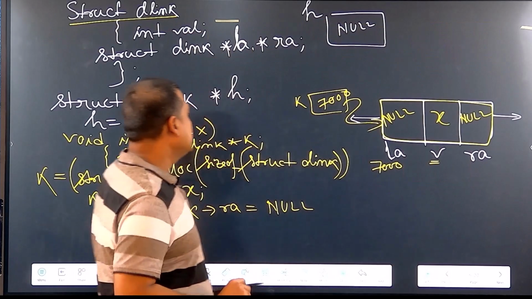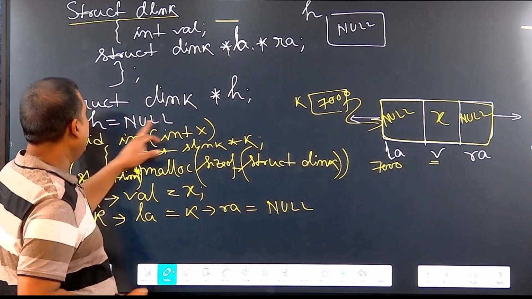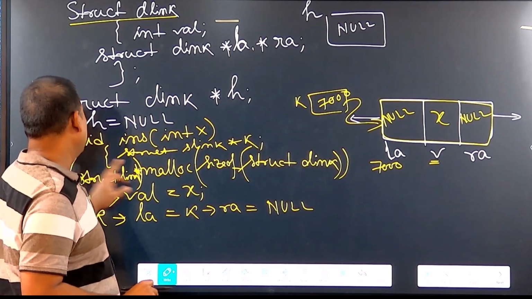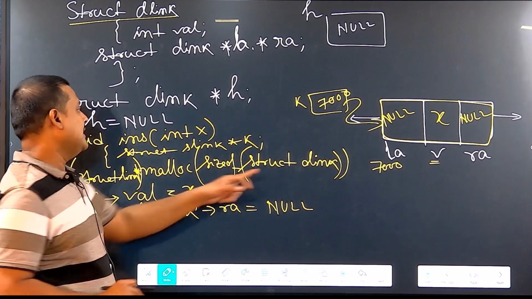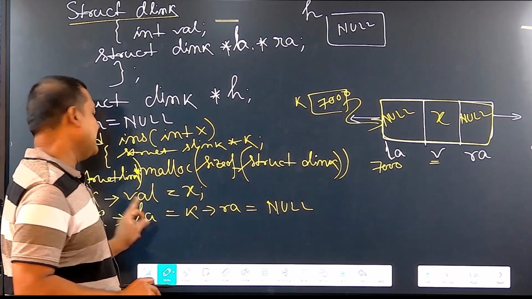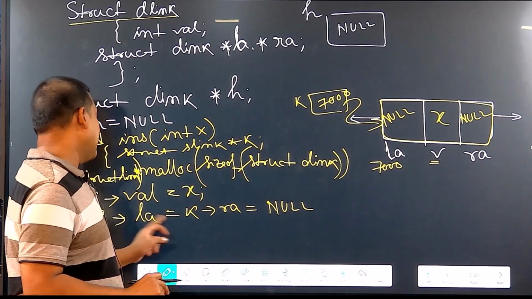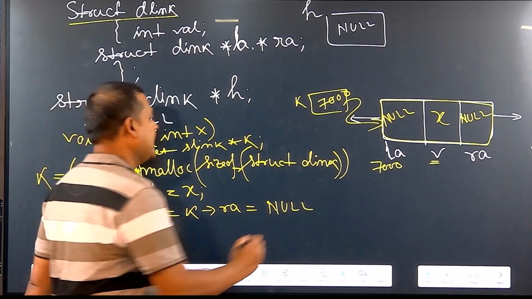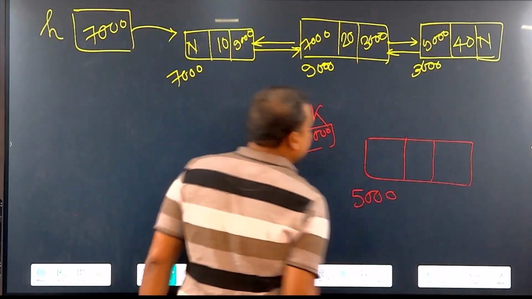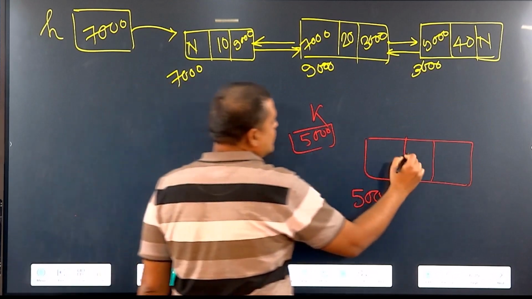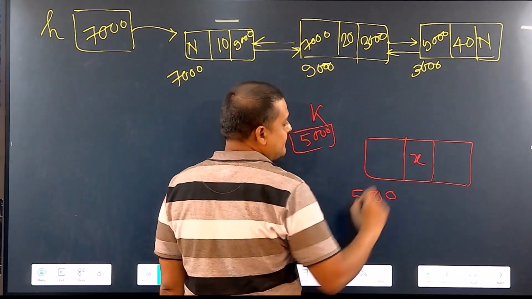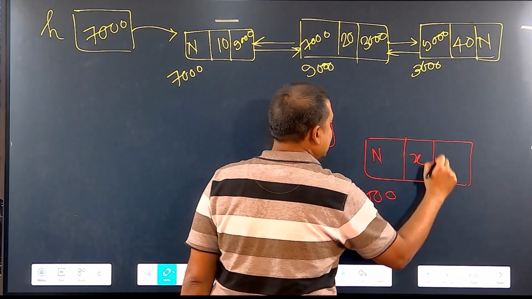So, k is declared here, k is allocating some new memory space. I am assigning k arrow value equal to x, and k arrow left address and right address are both assigned as null. So, this value is assigned with x and this is null and this is null again.